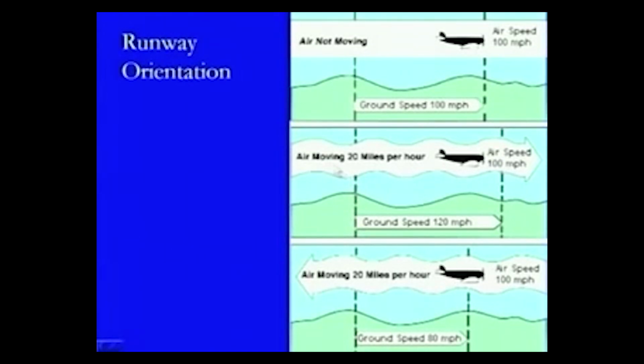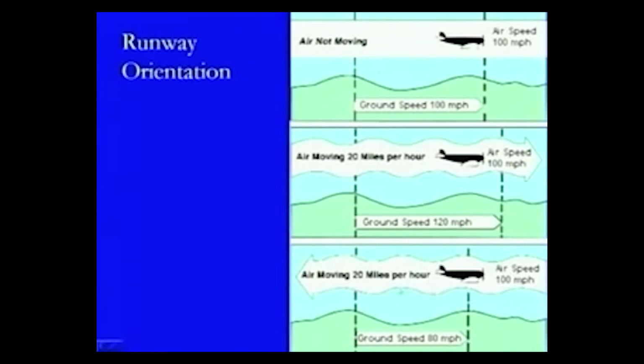Whereas, if there is air which is moving at 20 miles per hour and it is in the same direction in which the aircraft is moving with a speed of, say, 100 miles per hour, then the ground speed will be depicted as 120 miles per hour. So, that is the variation in the value between the air speed and the ground speed of an aircraft.